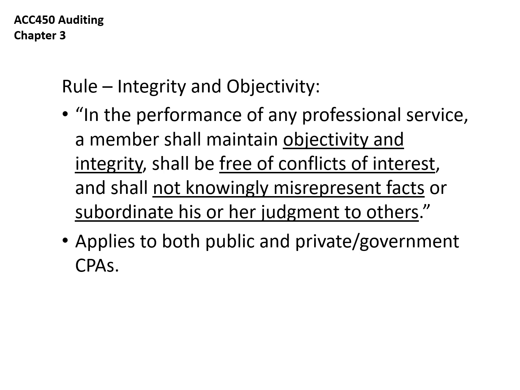So integrity and objectivity, so I'll just read this here. In the performance of any professional service, a member must maintain objectivity and integrity, shall be free of conflicts of interest, and not knowingly misrepresent facts or subordinate his or her judgment to others. So being objective is linked to being independent. Integrity is acting with honesty.